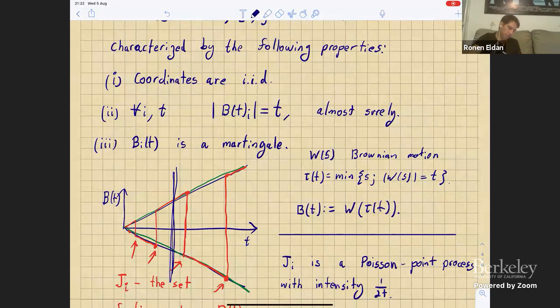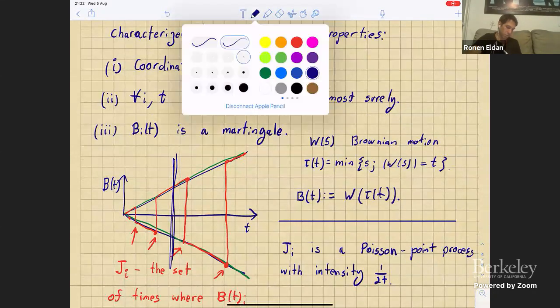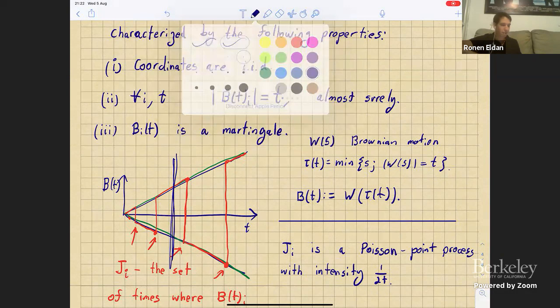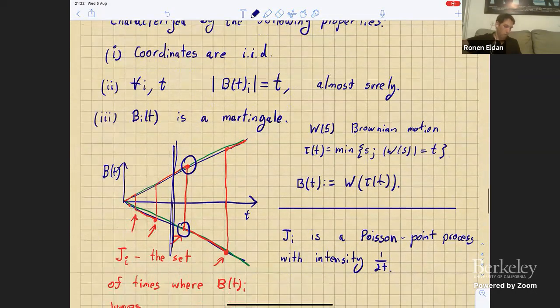At this time where I have the jump, is it equal to this value or to this value? But it's not gonna matter, and this is why I'm not even gonna tell you. It's really a technical issue that's not important.